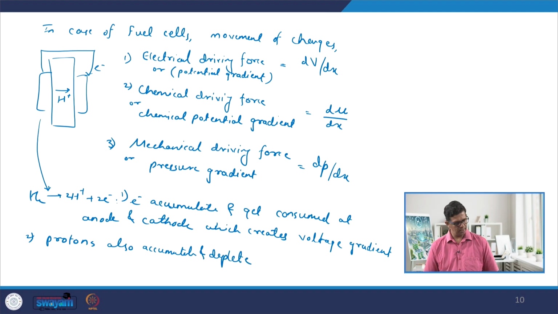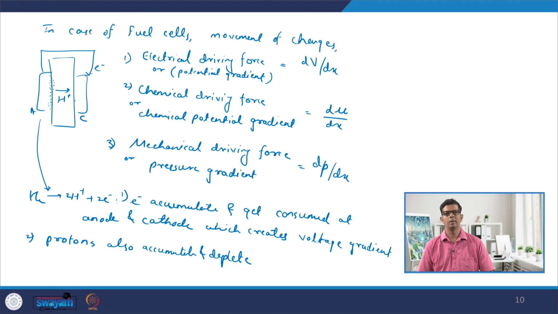Let me explain this. In the case of electrons, once they get generated at the surface of the catalyst at the anode side, this is our anode and this is the cathode, they get accumulated and then consumed on the cathode. This creates the voltage gradient, and that is why the electrons flow. What happens in the case of protons? Once they get generated here at the anode, they swiftly get into the electrolyte and accumulate.